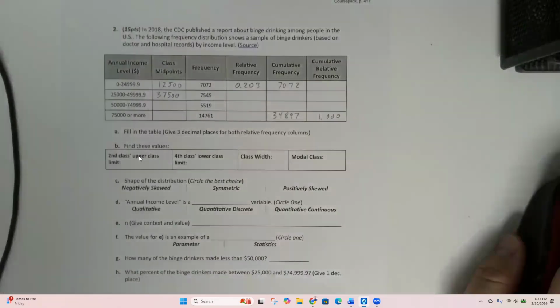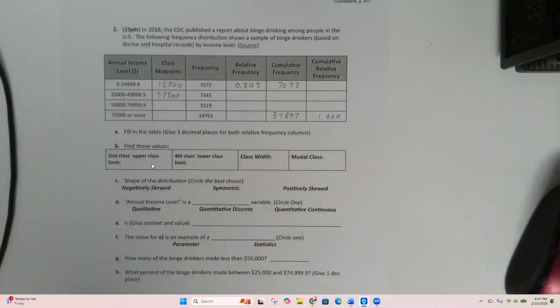So, okay. We'll skip through some of this. Part B, find these values. Second class upper limit.